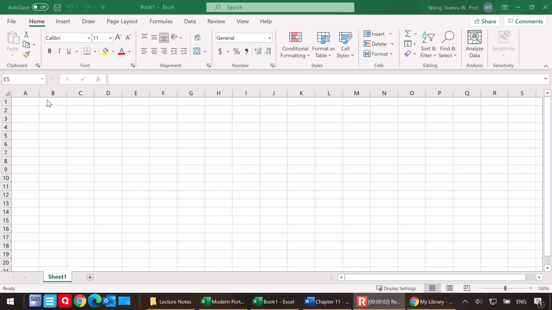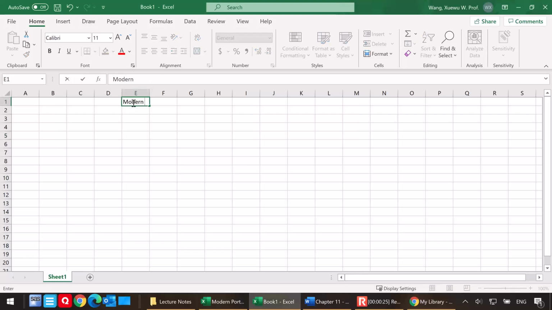All right. I'd like to take this opportunity and discuss the last topic in this class, the modern portfolio theory. This is a very interesting implementation in Excel. All right.